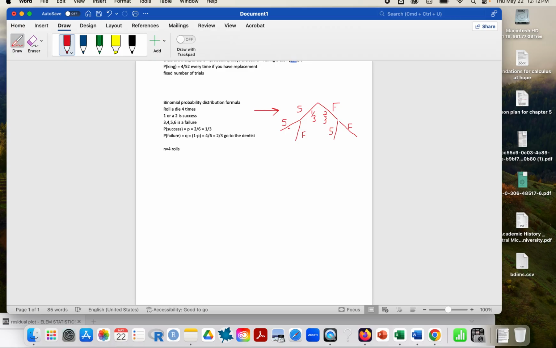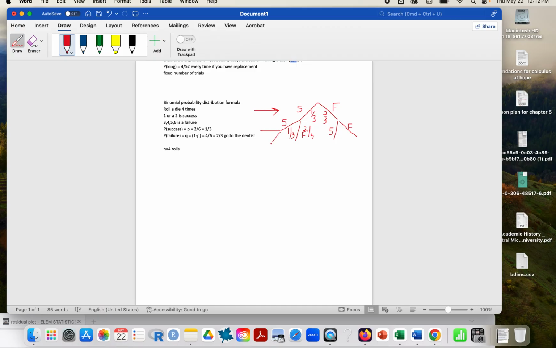Because it's a die, a numbered cube, the probability of success hasn't changed, and the probability of failure hasn't changed. I'm not going to clutter this up with the fractions, but just remember, each time it's a 1/3 and a 2/3.